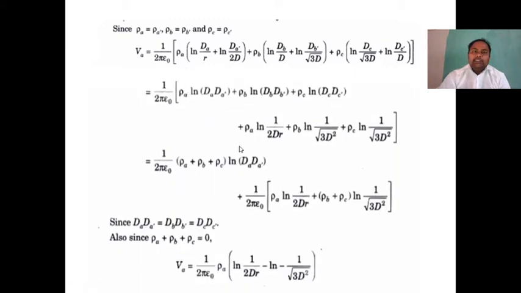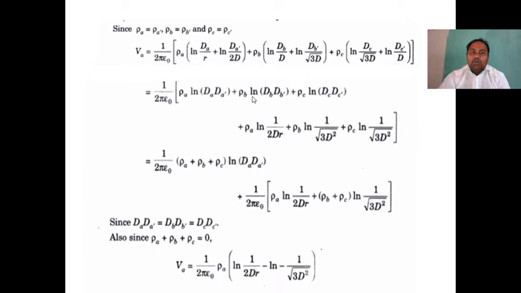So rearrange this one: 1 by 2 pi epsilon naught, rho A log dA dash plus rho B log dB dash plus rho C log dC dash. So separate numerator terms and denominator terms for simplification. Numerator terms: rho A log dA dash, and rho A log 1 by 2Dr. Separate numerator and denominator.